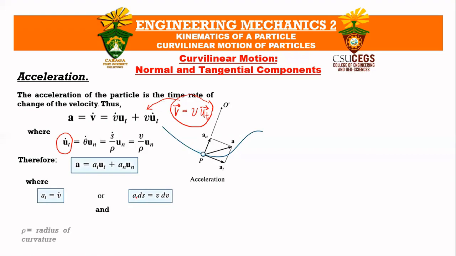And the normal acceleration is equal to v squared over rho. Rho means the radius of curvature.